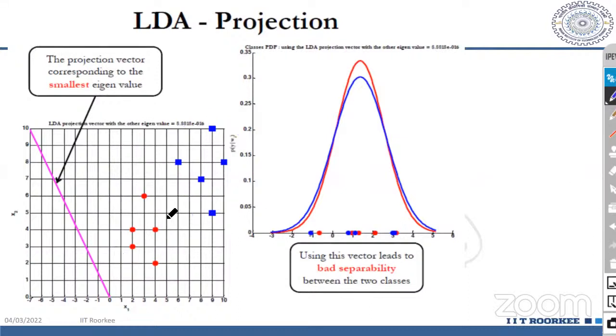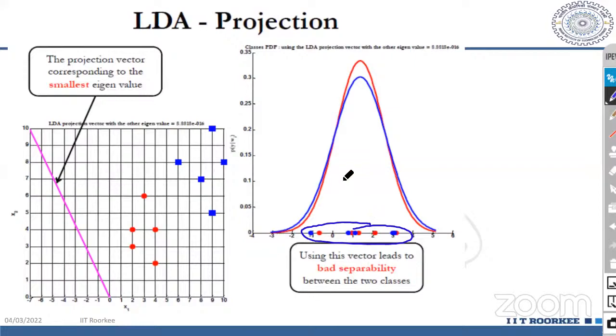Either I can say it like this, or project all the points onto this line and then rotate to the x-axis. Both are the same. The blue points you project onto this line and then rotate to the x-axis. Now you can see that the blue points and red points have merged together.